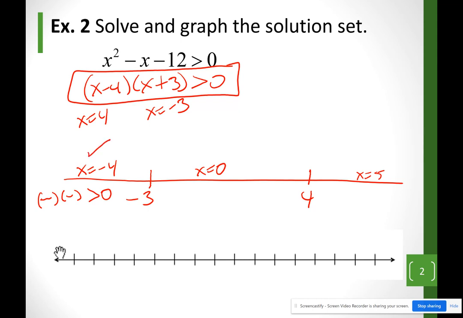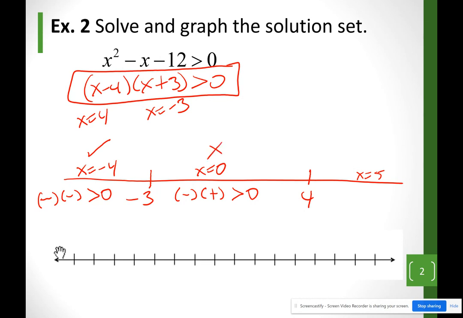All right, for my second group, let's think of 0, x equals 0. So my first parentheses, x minus 4. 0 minus 4, I'm just interested in the sign. I'm not interested in the number. The second parentheses, 0 plus 3. That's a positive number. Is negative times a positive more than 0? Right, negative times a positive is negative. Is a negative more than 0?